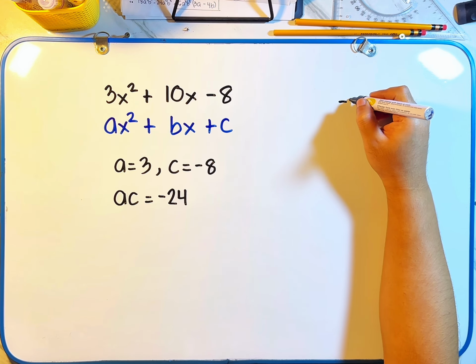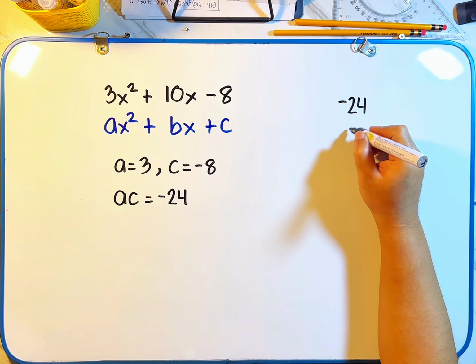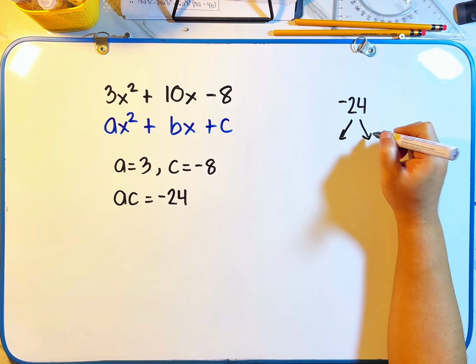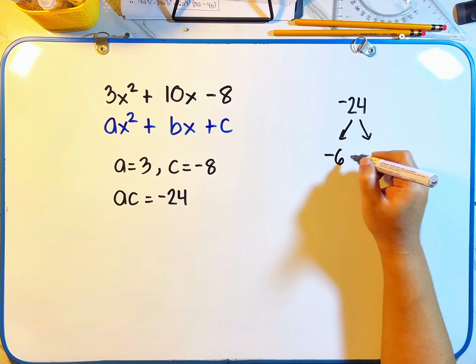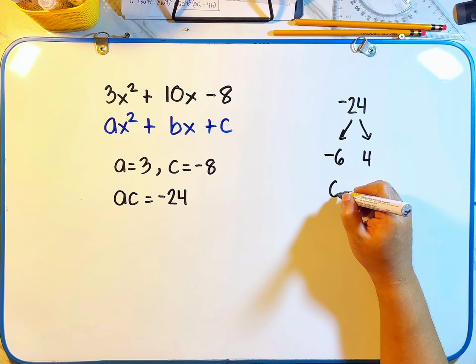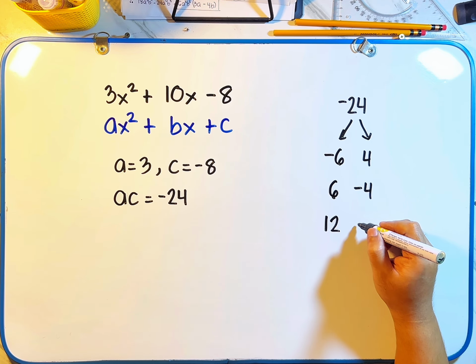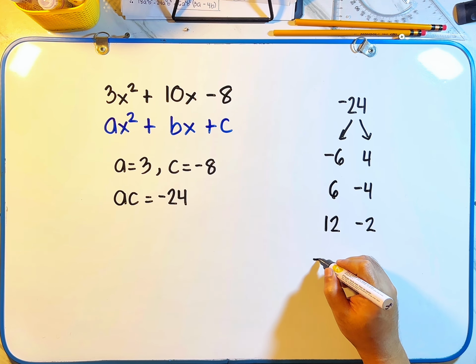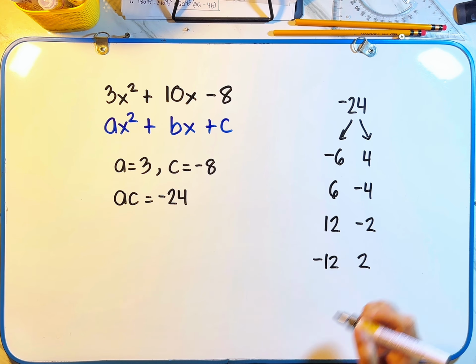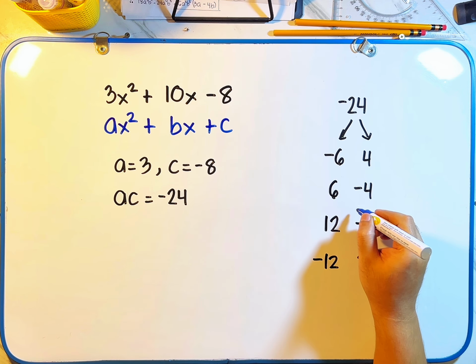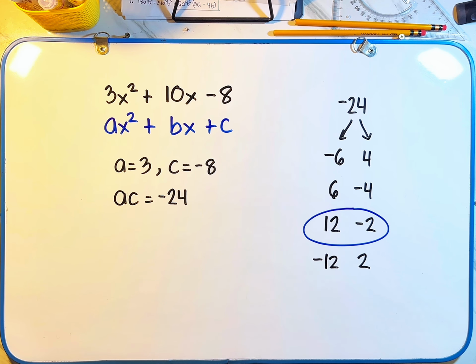Now, let's write all the factors of negative 24. Negative 6 times 4, 6 times negative 4, what else? 12 times negative 2, negative 12 times 2. And the factor pair that has a sum of positive 10 is 12 and negative 2.